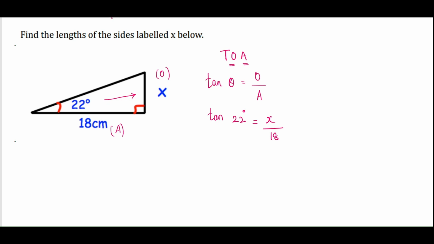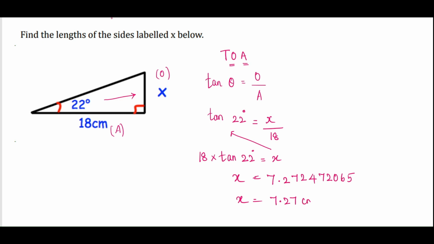We rearrange 18 to the other side, and we get 18 times tan 22 is equal to x. x is equal to 7.272472065. So x is equal to 7.27 centimeters to 2 decimal places.